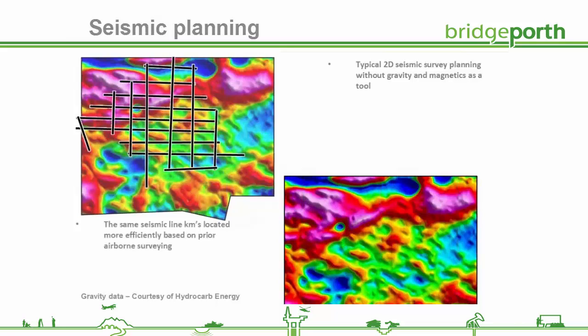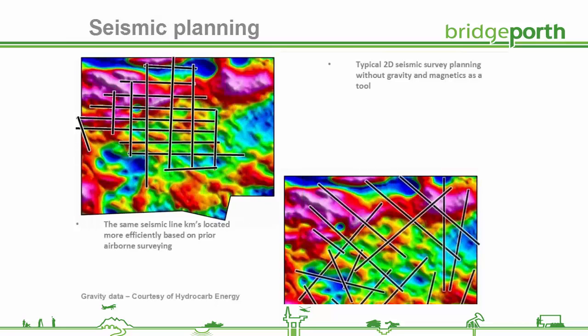And then on the map on the bottom right now, that's the same line kilometrages of seismic data, but arguably placed in a better orientation and better positions to target what appear to be interesting looking structures from the potential field data.